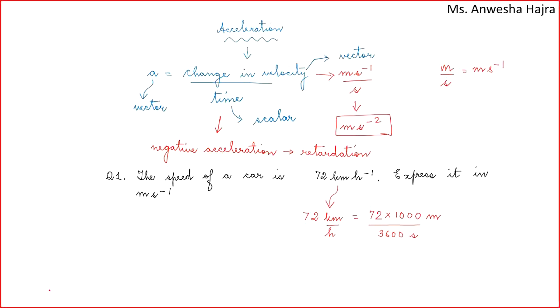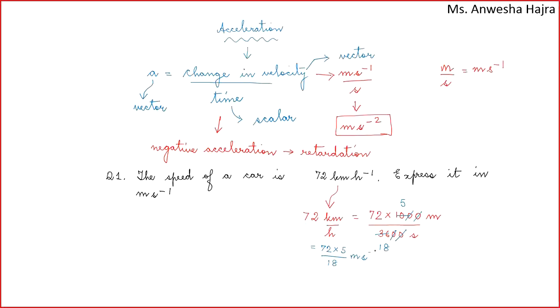For easy calculation, see this 1000 by 3600, this 0 cancels, 2 5s are 10, 18. So you can make it 72 into 5 by 18 meter per second.